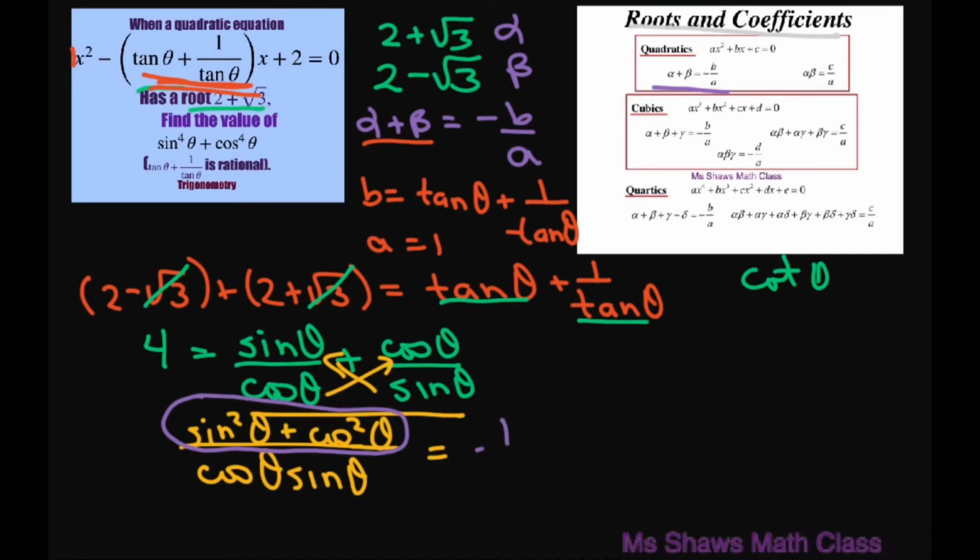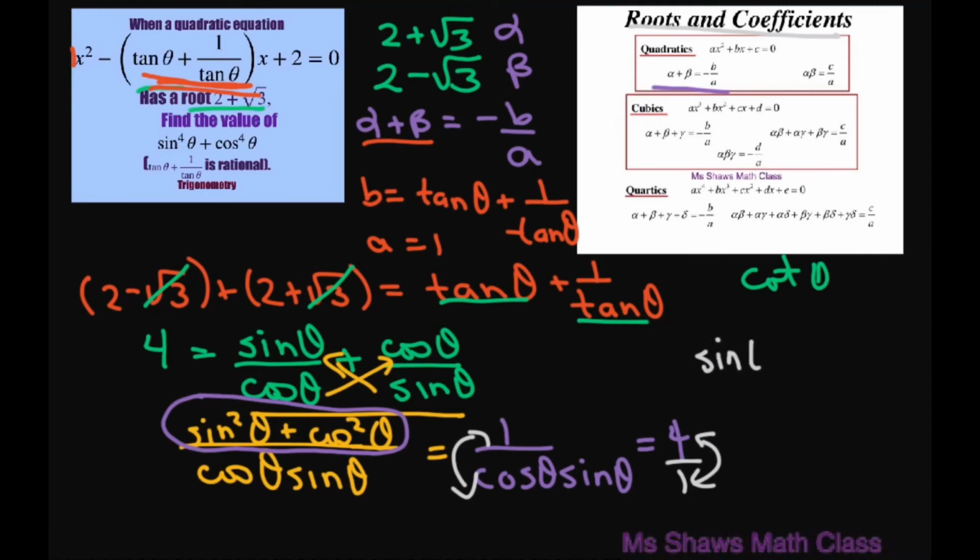So this is going to be 1 divided by cosine of theta times sine of theta, and this equals 4. Or you could say, if we flip these around, sine of theta cosine of theta equals 1/4.